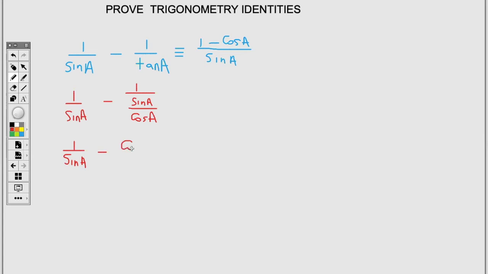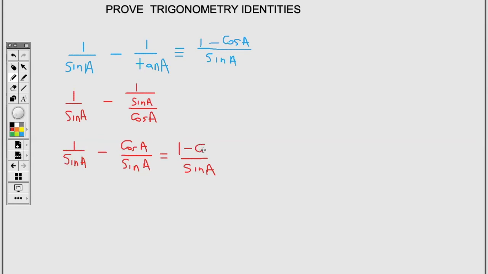So flip it so it becomes cos A over sine A. Now, we are going to subtract, and since the denominator is the same, we can leave the denominator as is. So I write 1, so you have sine A, and then in the numerator, I'll just have 1 minus cos A.